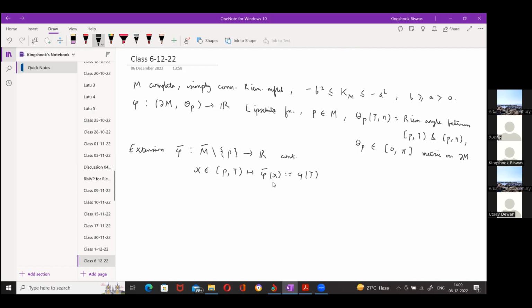So that means that this extension phi bar is constant on geodesic rays starting from P, right?